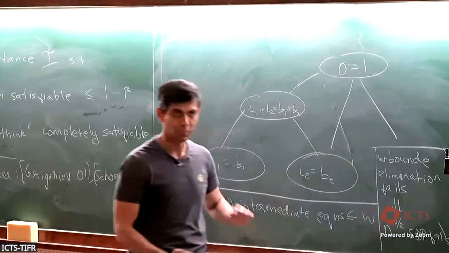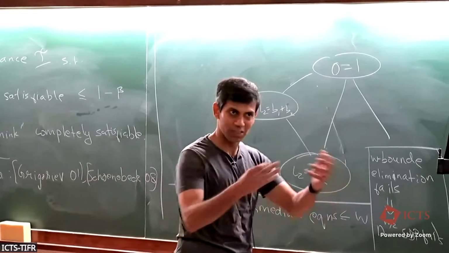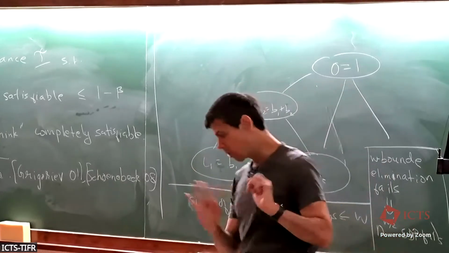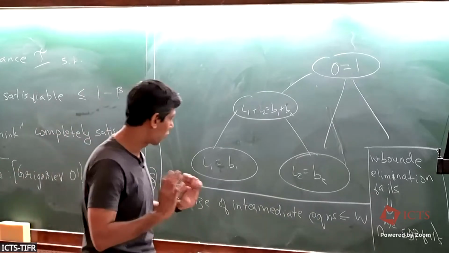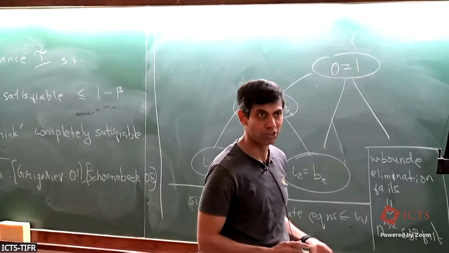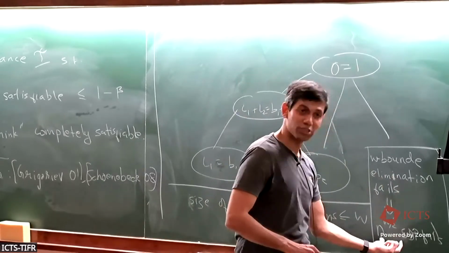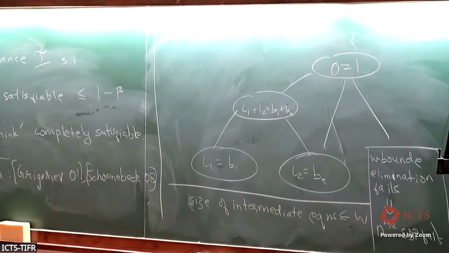Okay, so now we'll just focus on this task of adding things. The only catch is we are not allowed to have more than W variables in an equation. What is the largest value of W for which we can say that if I restrict you to W, you can't refute this? That gives me the best possible lower bound. So now our goal is just to add equations and see what happens.